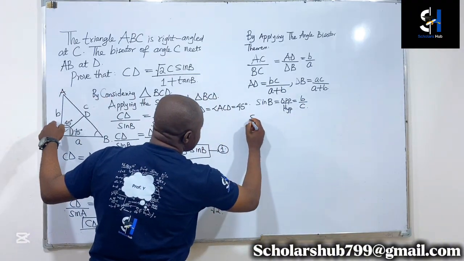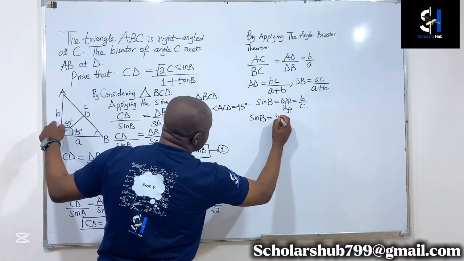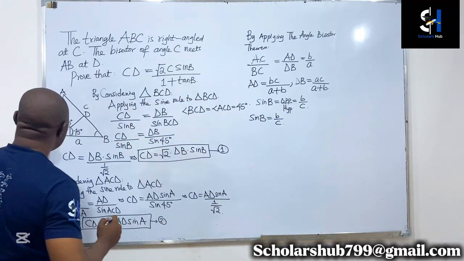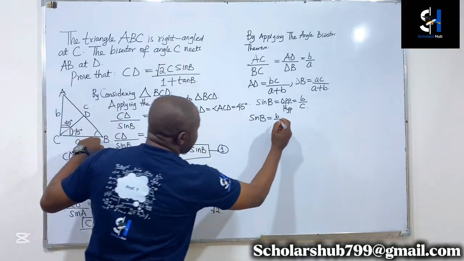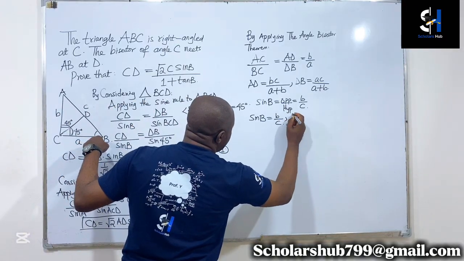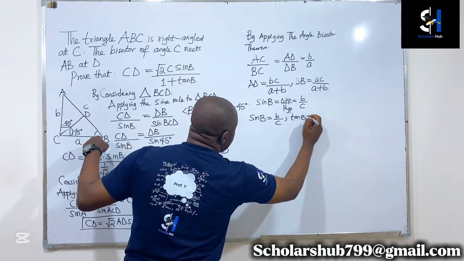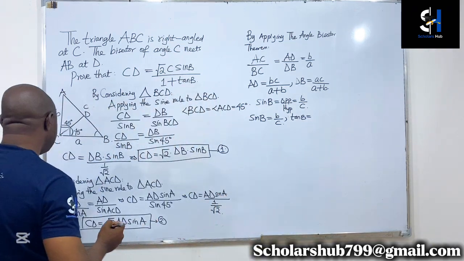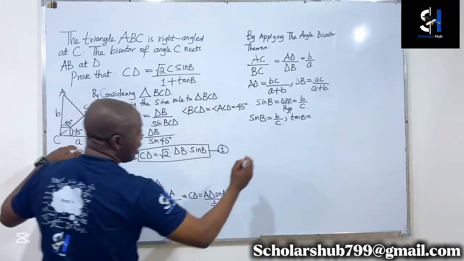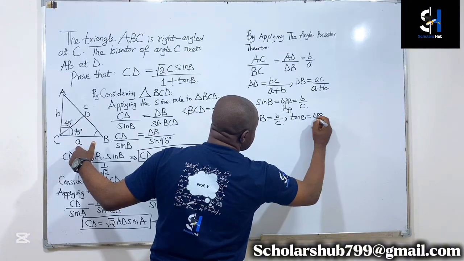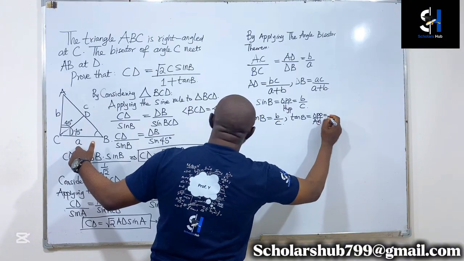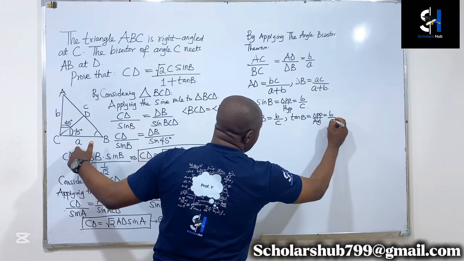So we can say that sine B equals B over C. Then also, tan of the angle at B will be opposite over adjacent, and that will be B over A.